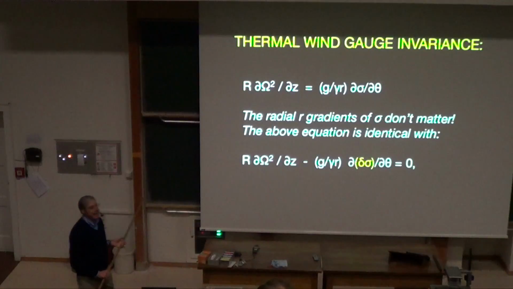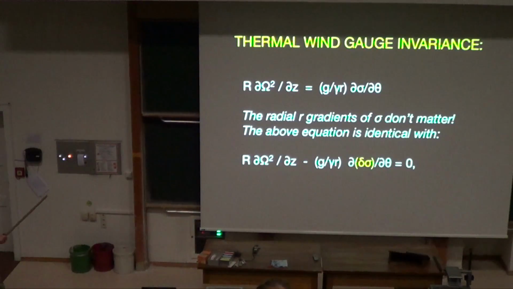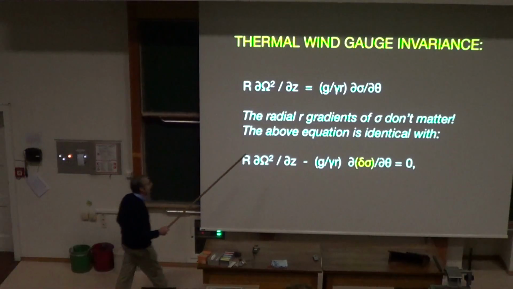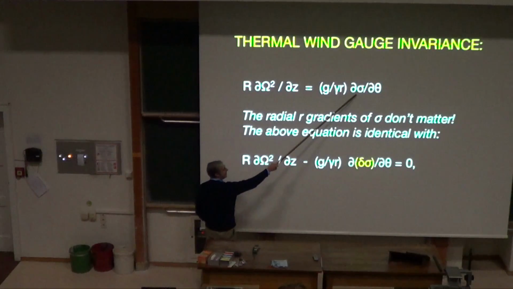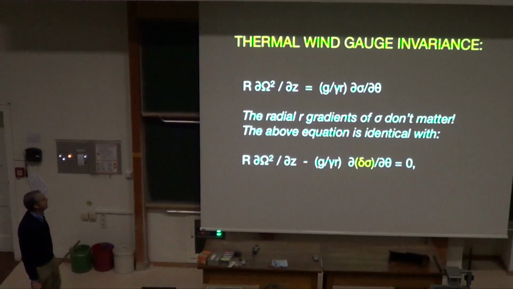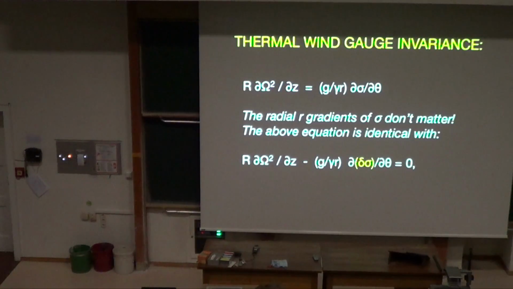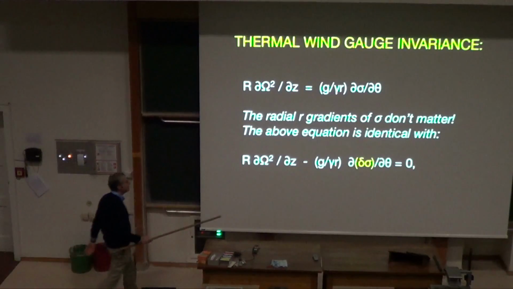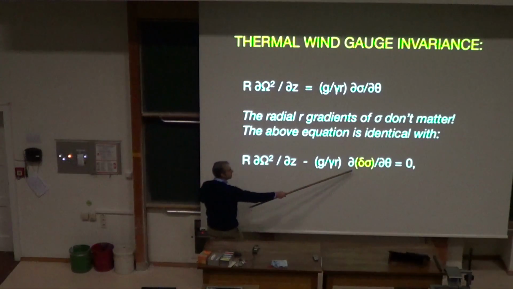The thermal wind has what physicists would call a gauge invariance. That's a rather fancy way of saying something kind of obvious, which is that I can add any function of R there and that will not change the equation. So in other words, in the thermal wind equation in particular, I can write it in terms of delta sigma.